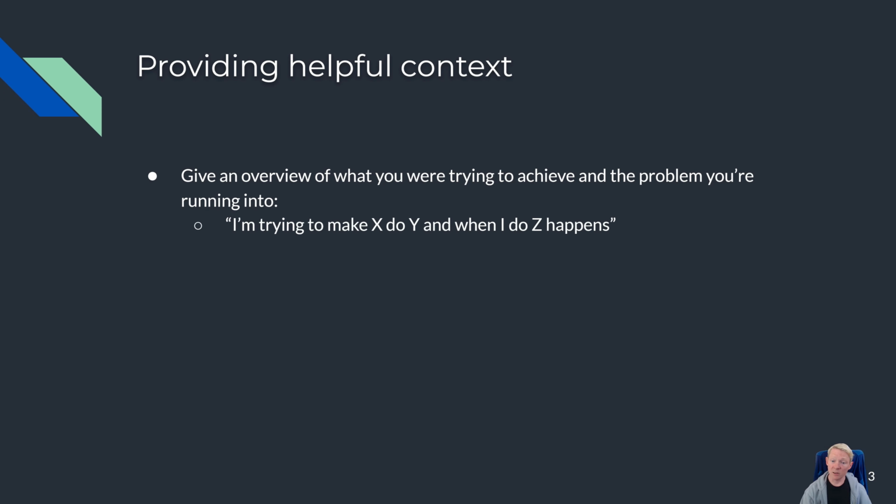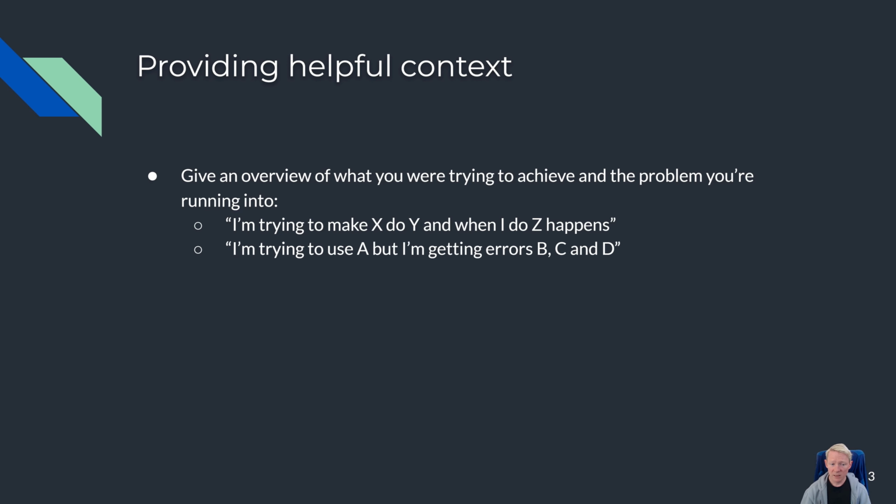For example, you're trying to make this particular thing X do Y, and when you do, Z happens. It might be, I'm trying to make the player jump, but when I do, they fall through the floor. So describe it in terms of what you're trying to accomplish and what's actually happening instead, which works for a lot of the problems you'll likely encounter.